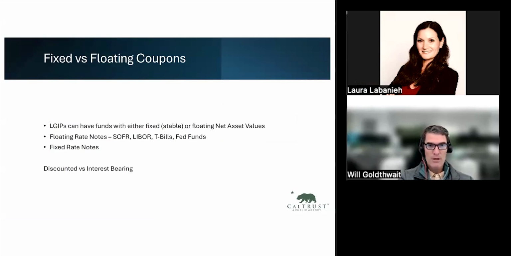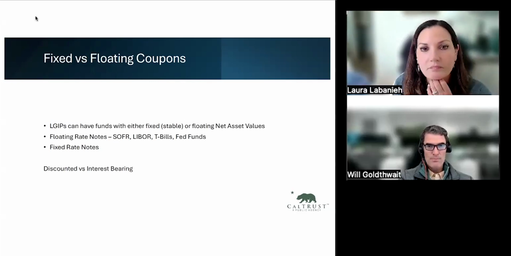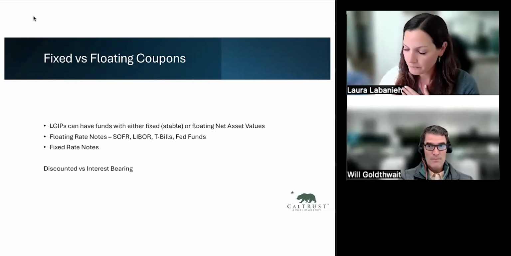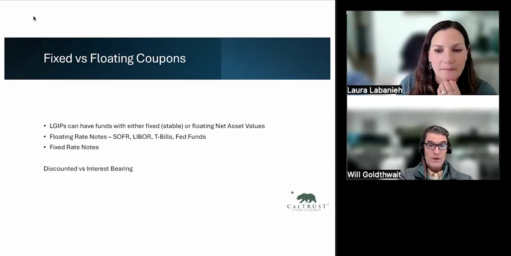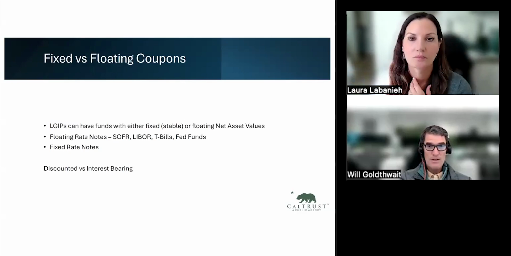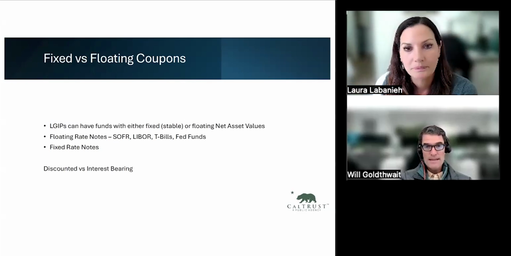Government money market funds are money market mutual funds that are only allowed to invest in US Treasuries, government agencies, and then repurchase agreements backed by that collateral. These funds are very, very big. They could be tens of billions in size. Ours is over 180 billion in size, and it sees all sorts of cash flows coming and going from it each and every day.